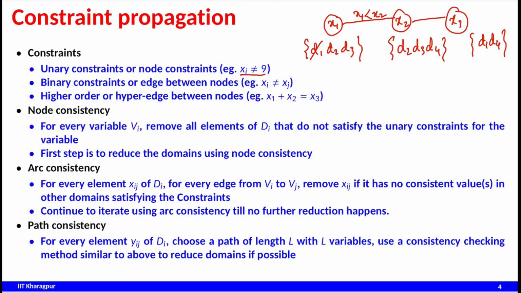For binary constraints, we can say that xi is not equal to xj, or maybe xi is less than xj. If that is the case, let's say d1 is 1, d2 is 2, d3 is 3, and for the other variable the values are 2, 3, and 4.